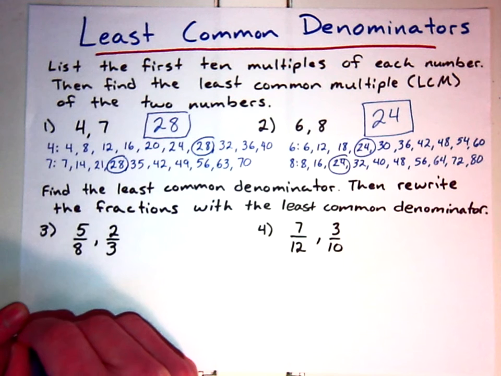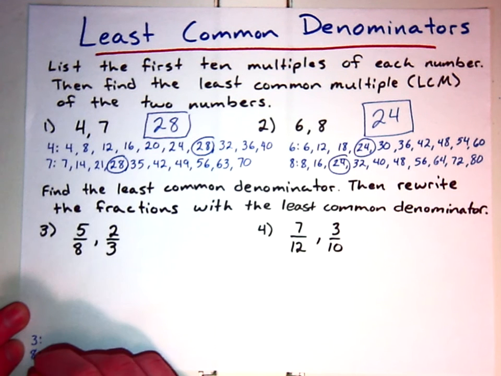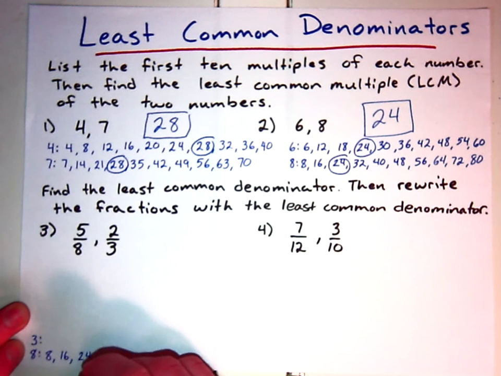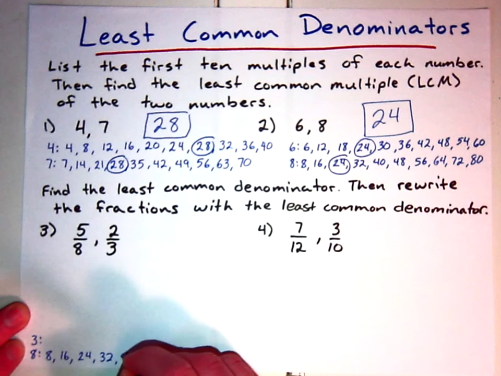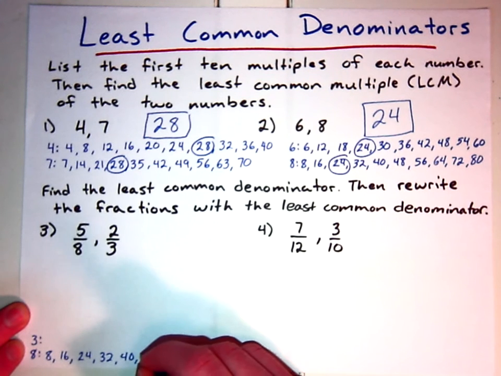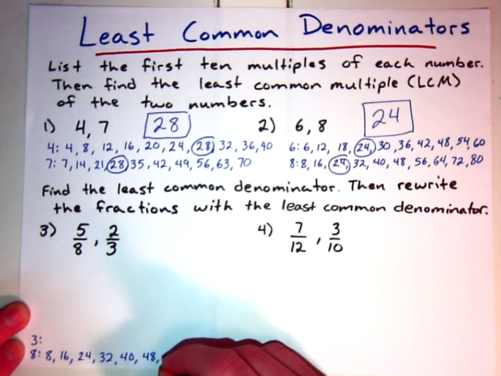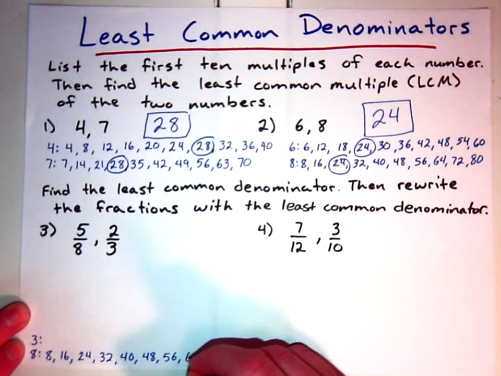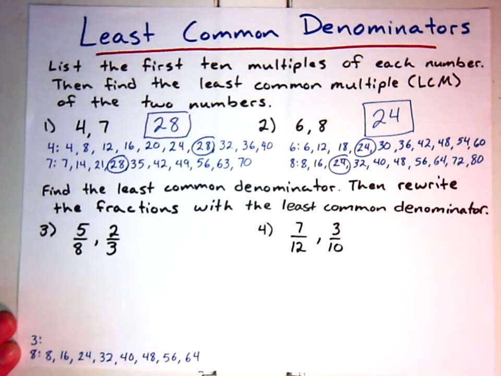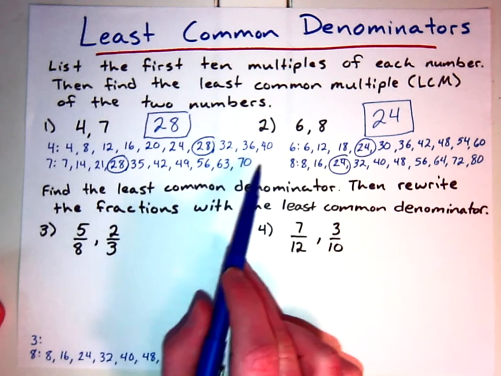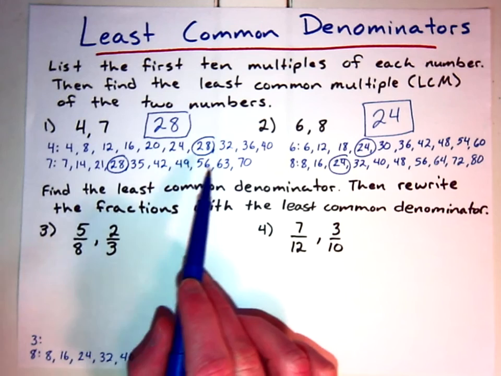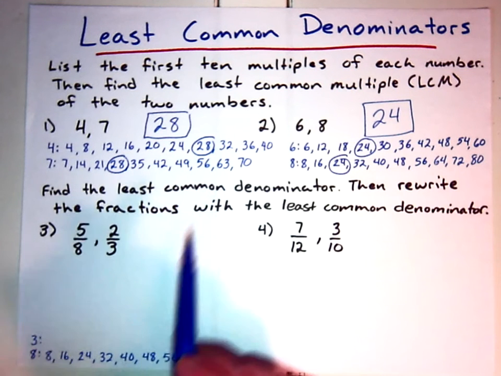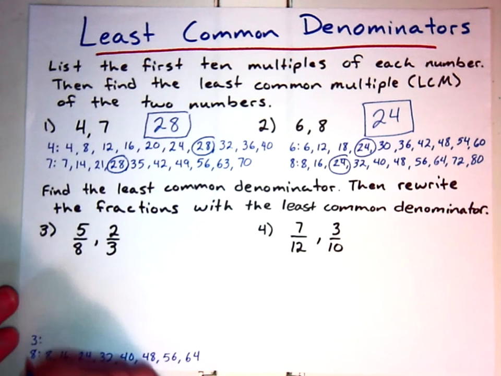I'm going to use 8 and I'm going to use 3. Well, we already did 8: 8, 16, 24, 32, 40, 48, 56, 64. And I'm going to assume at this point the 3 will find it. Going to 10 is testing your skill, being able to go to the 10 multiples. That's good, but oftentimes you won't need to go all that far.